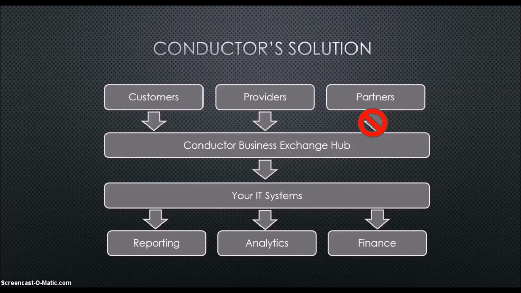So in the same situation, a partner changes their data source slightly. It could be very minor. We actually trap the issue and fix it. And what we do is we know what your system's expecting, and so we make sure that it gets what it expects through. So your IT systems are protected from these changes, and which also means your downstream systems are also protected. Your business processes are protected from these minor changes that occur.